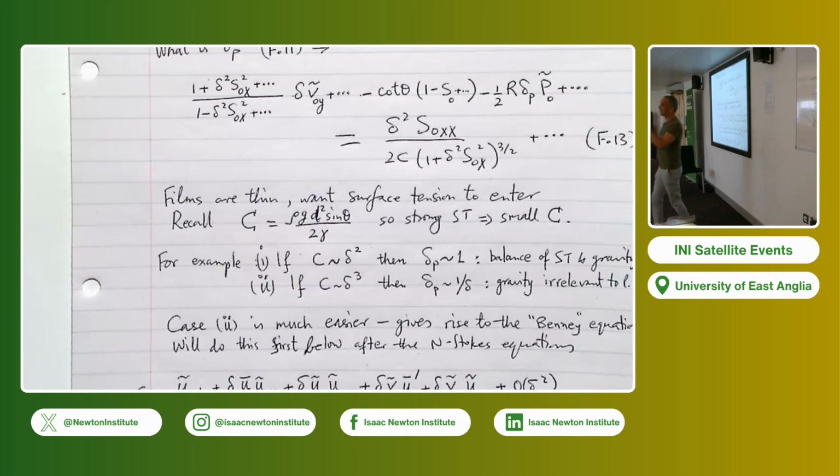So you can think of this differently, right? Suppose I want gravity to appear. Then this will force both that and that to be of order 1. So that gives me C is delta squared, delta P is 1. However, you can assume gravity is really strong as well, and surface tension is really strong. In this case, the capillary number is delta cubed. So if I look at this, this term is 1 over delta.